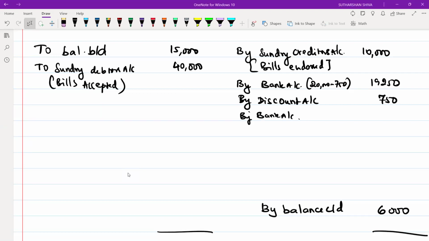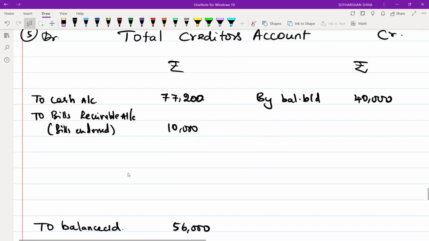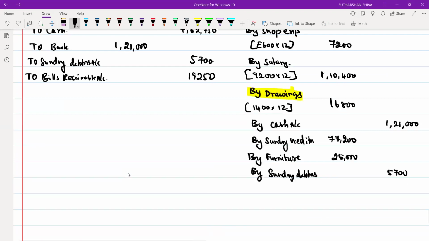If you want to write, you can write something like bills collected on maturity. What is the amount over there? 16,000. It means on the debit side of the cash book, it will be to bills receivable account. How much? 16,000.